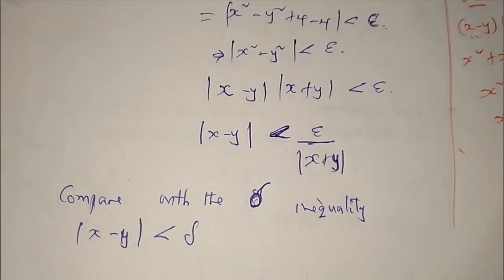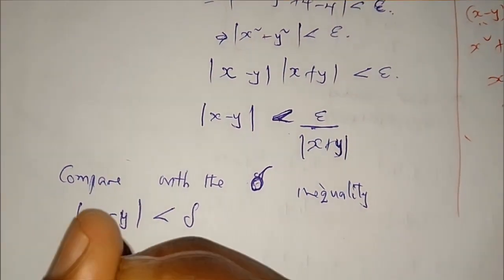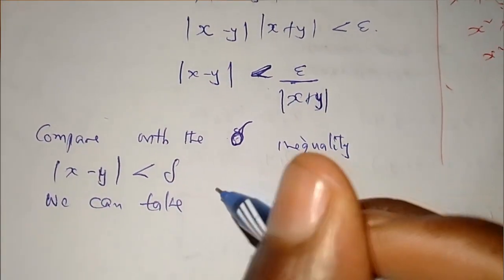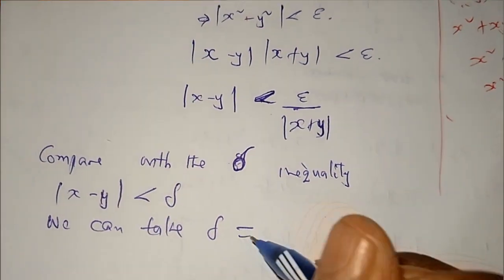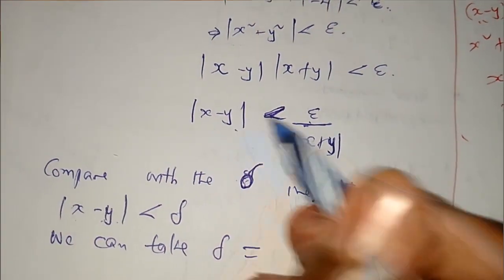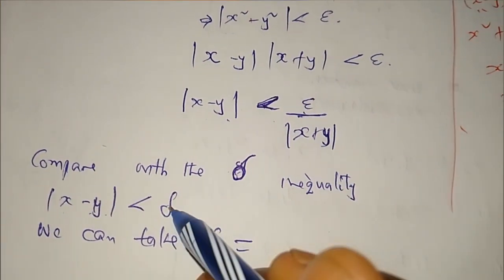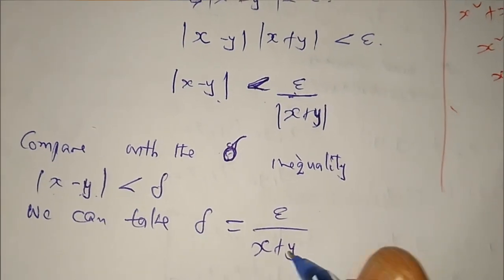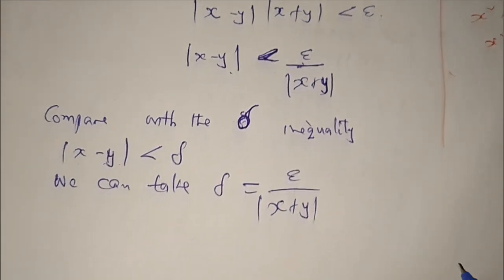So you can take delta as equal to this. If we compare, this is equal to delta: epsilon over |x plus y|.